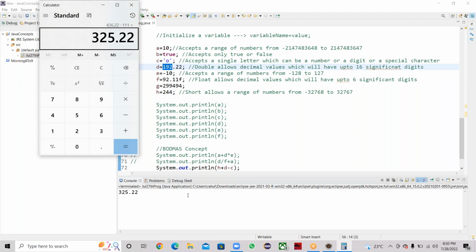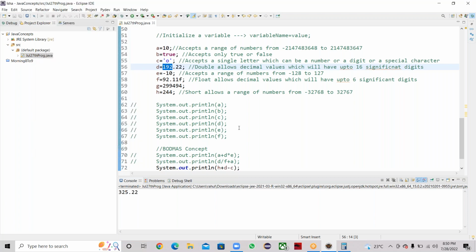I'll explain this concept to everyone once. Yes, it's clear. So for the rest of the people, what is happening here is that whenever you perform a mathematical operation on a character, it takes the ASCII value of the given character. What is an ASCII value? What is the sole purpose of it?